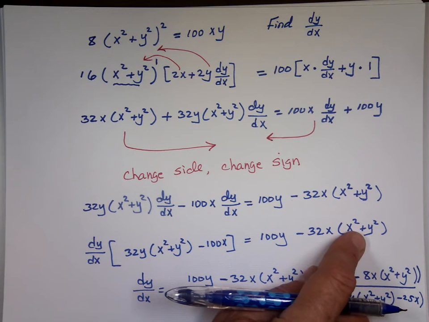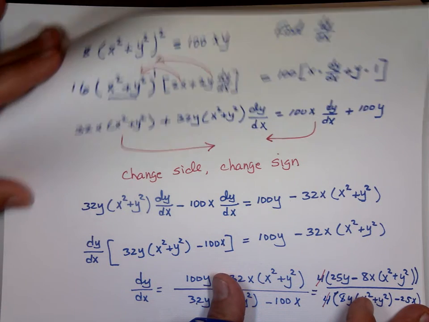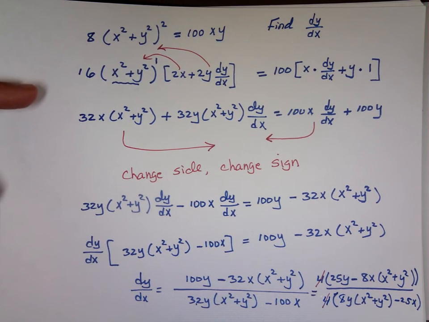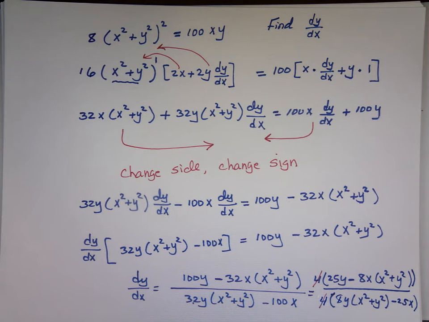Boom, that's just a number. So start plugging in the numbers earlier, it makes the algebra much easier. I'll try to color more of these problems. But that's implicit differentiation.